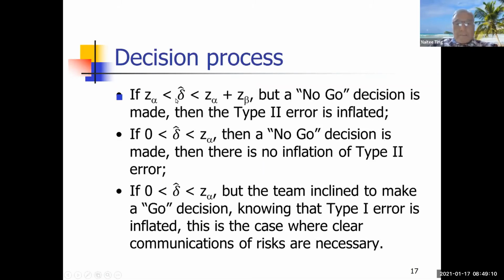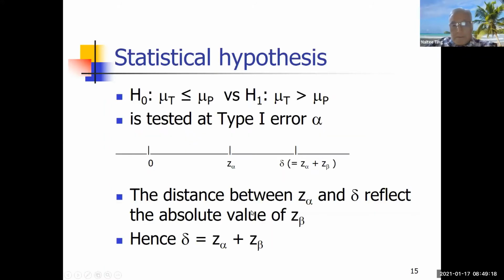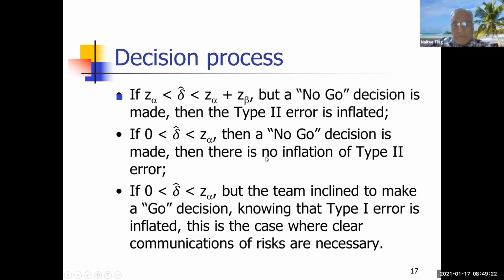Now, here's a problem, right? We talked about in this area, if you make a no-go decision, then type 2 error is inflated. Now, if it's less than Z alpha, the no-go decision is made. There's no inflation of type 2 error.